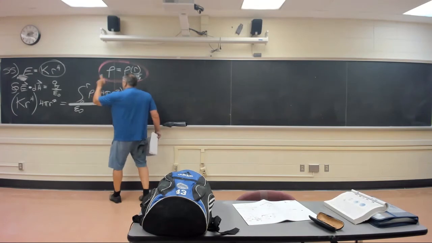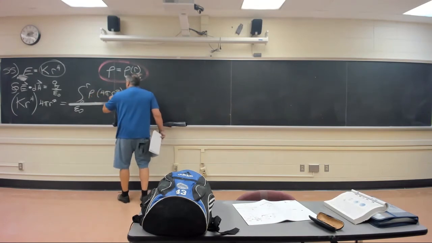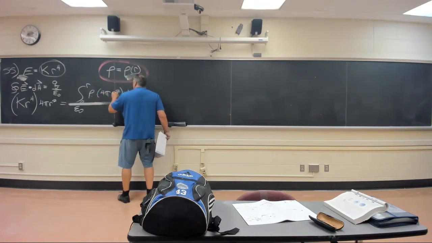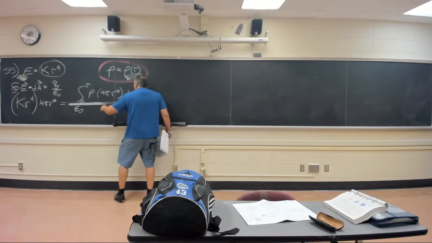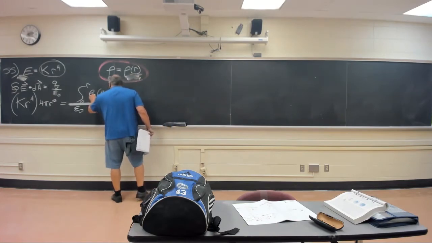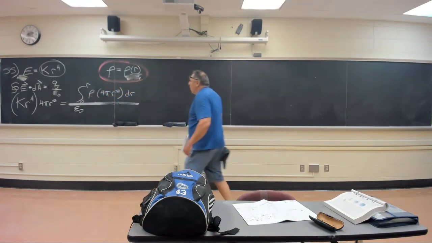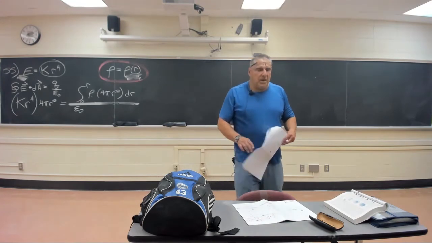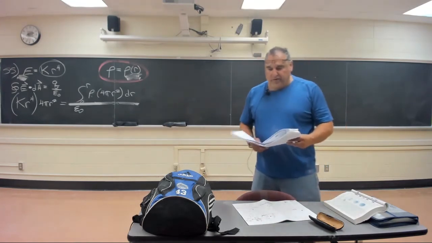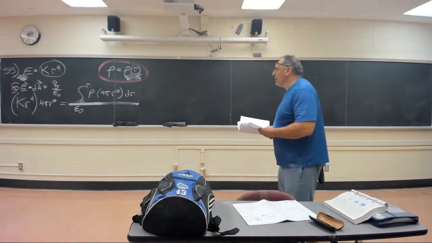Differential volume times rho is the amount of Q. Yeah, but that changes. First of all, the volume changes. The area changes, so you're dealing with smaller volumes. In addition to that, rho is a function of r. We don't know exactly what function of r it is just yet, but we do know this.